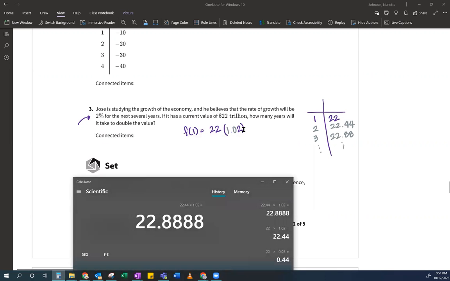And if you're wondering what my exponent is, it's going to be n minus 1, because this guy right here is equal to 22 times 1.02. This guy here is going to be 22 times 1.02 times 1.02. And then when we compare our x with how many our exponent needs, it's off by 1. So that's why I subtracted 1 here.